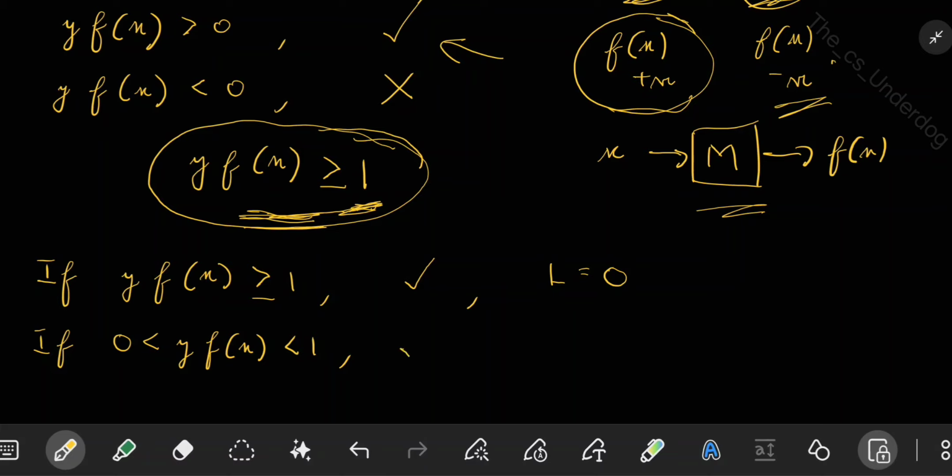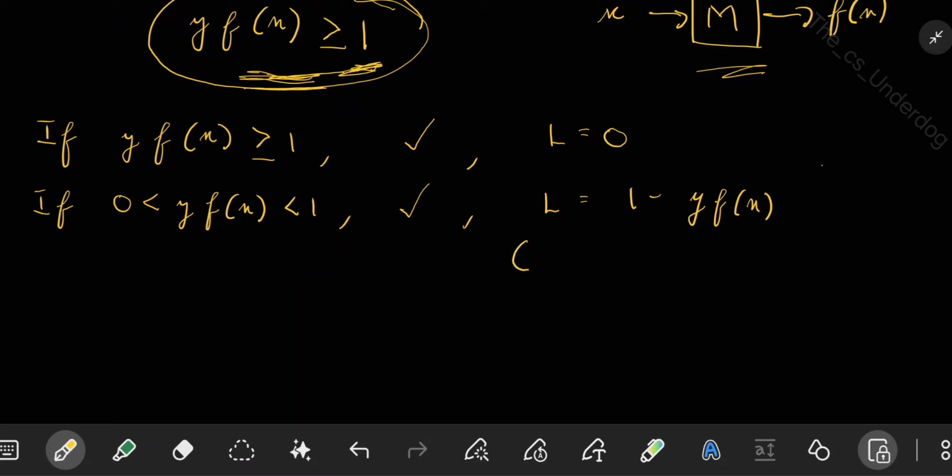So here also the prediction is right, but you are going to add a loss which will be equal to 1 minus y into f of x, which means this y into f of x is a value between 0 and 1. So this would mean your loss value will be between 0 and 1. I'm not writing this there, it should not keep confusion.